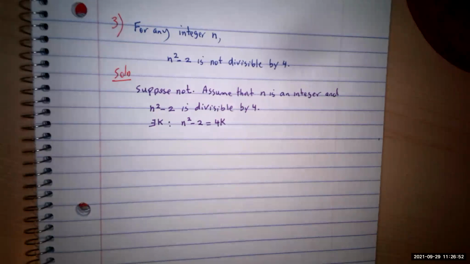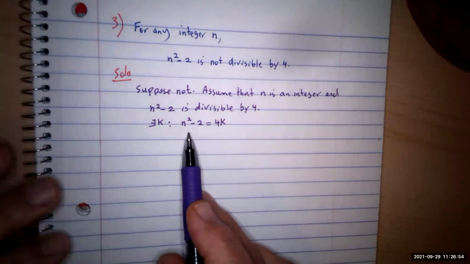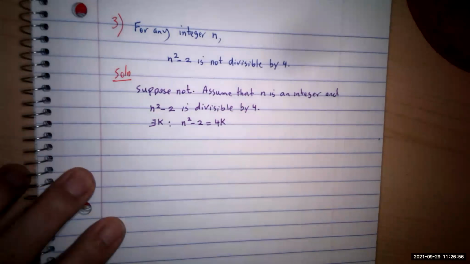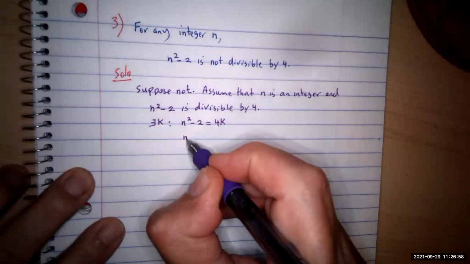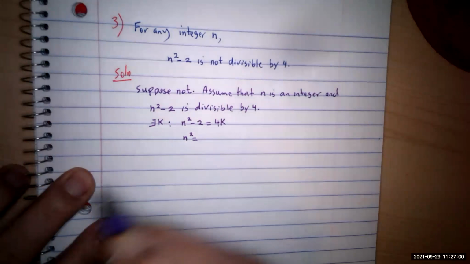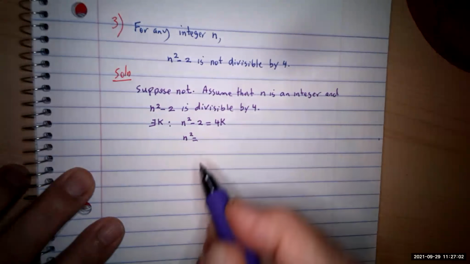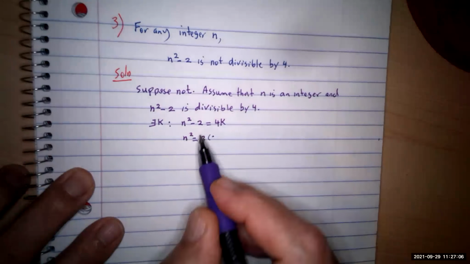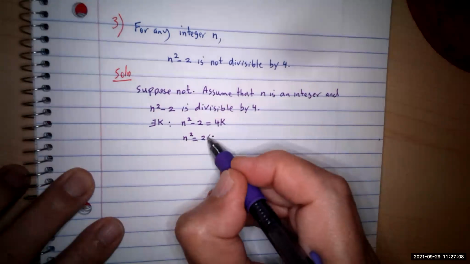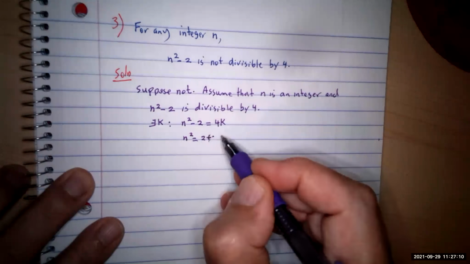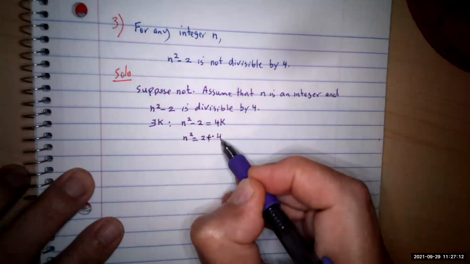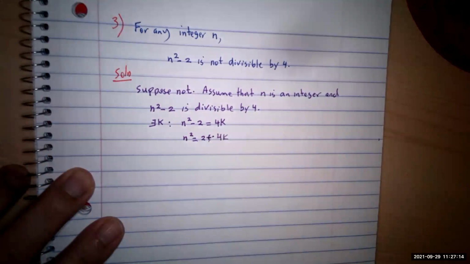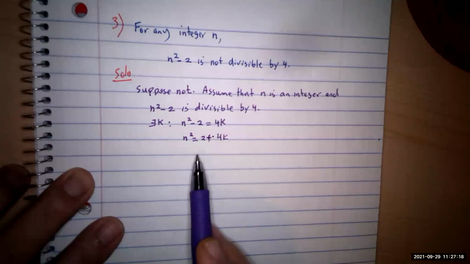I'm going to solve for n squared. Sorry, I'll just move the 2 to the other side. So n squared equals 2 plus 4k.